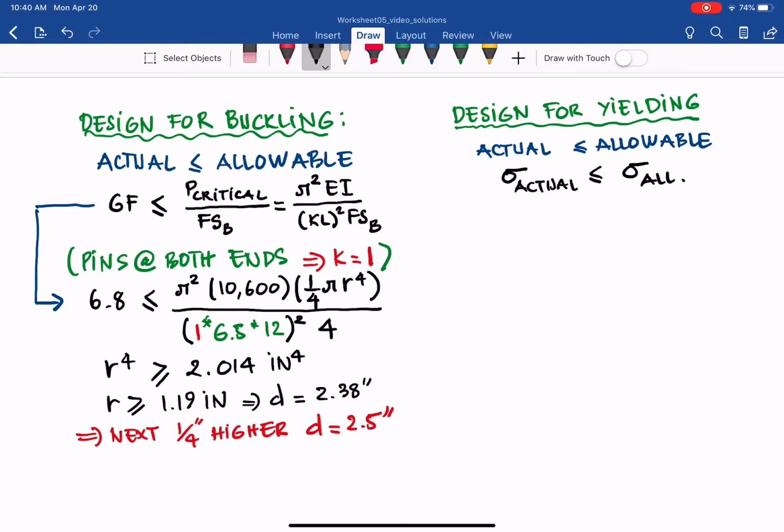So we can put in the equation. Sigma actual will be equal to P actual over the area, less than or equal to the allowable for yield, so the yield stress, that is the failure level, divided by the factor of safety due to yielding.